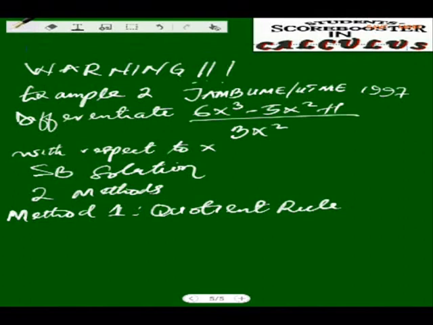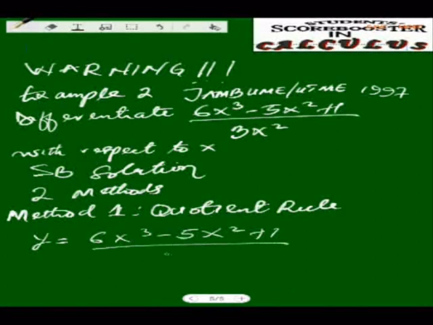That's the first method. So I will say y is equals to 6x cubed minus 5x squared plus 1 over 3x squared. So this will be my u and this will be my v.